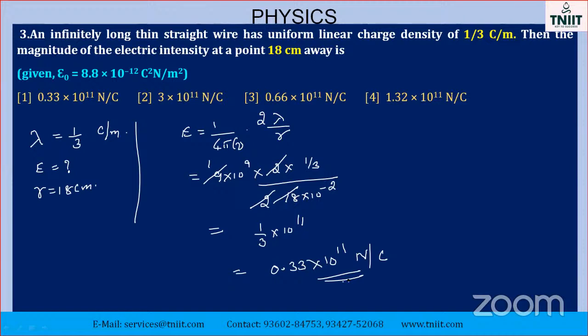So what is the electric intensity? 0.33 into 10 power 11 Newton per Coulomb.